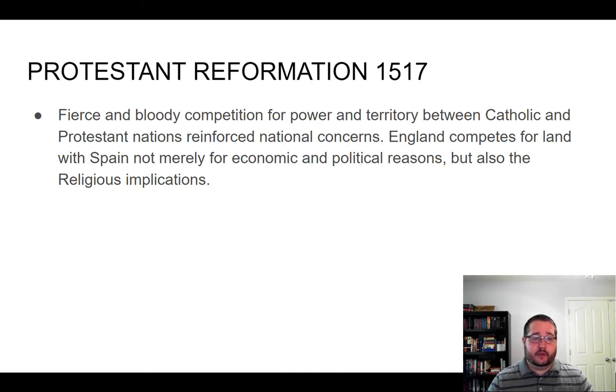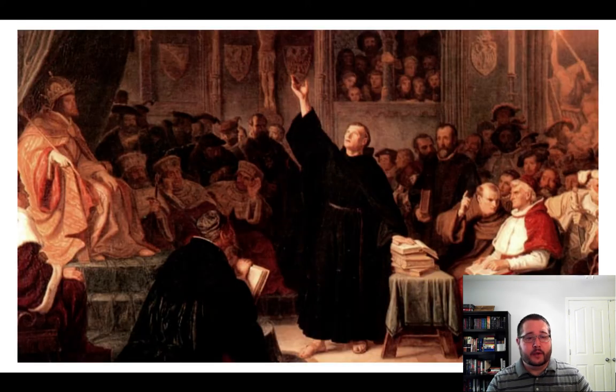So England competes for land with Spain, not merely for economic and political reasons, but also religious implications, because they are not Roman Catholic anymore. Okay, you've got Martin Luther King. I believe this is one of the German princes who is protecting him, and he is defending his faith. I believe this was from one of the famous debates he has.